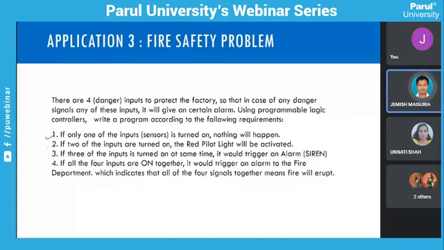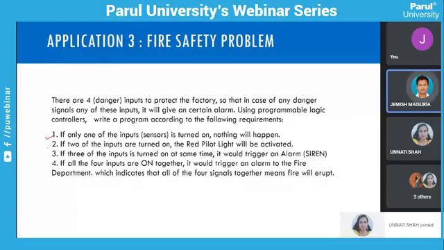If three sensors are detected, you trigger an alarm or a siren. And when all four sensors are detected, you turn on the alarm as well as the light, and send a signal to the fire department, which will come and rescue all the people from that factory.